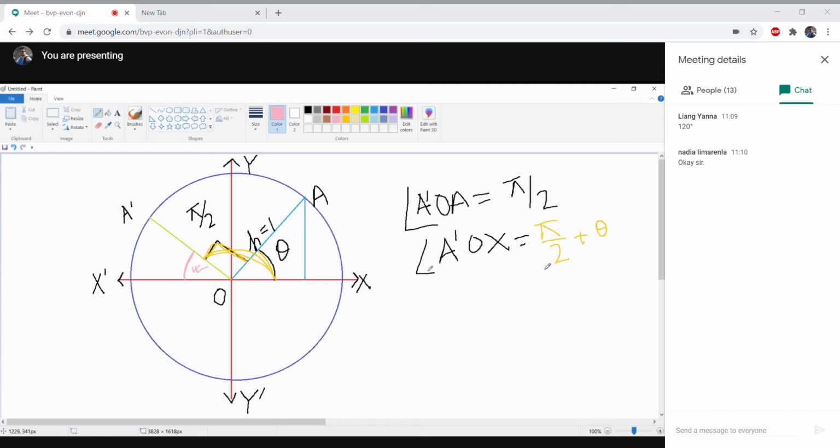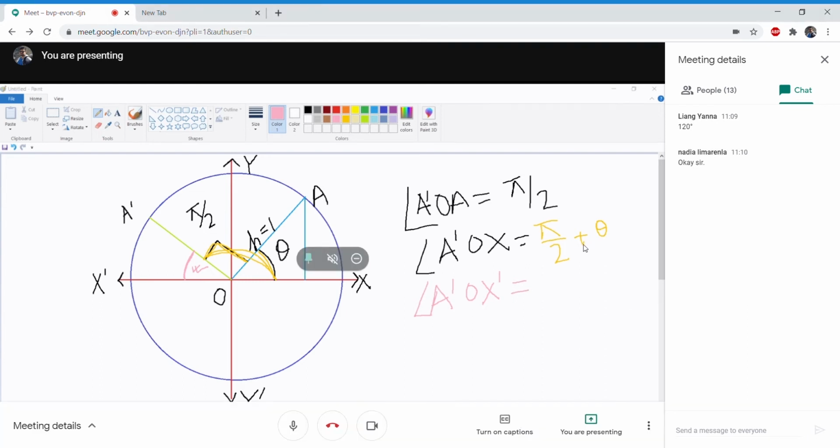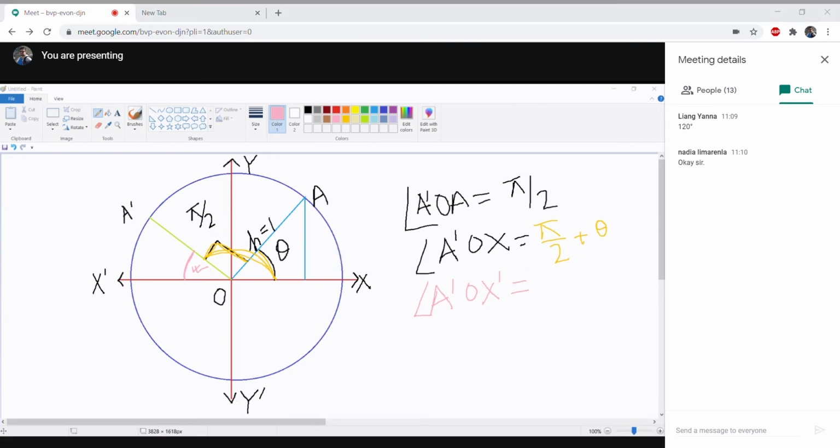I'm writing this as A dash O, and I'm asking now A dash O x dash. What will be the value of this angle? This pink color one, I hope you can see this angle. What is the value?